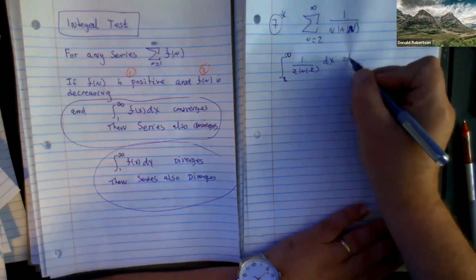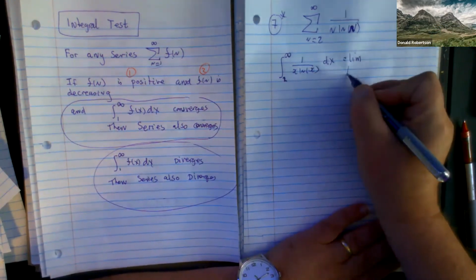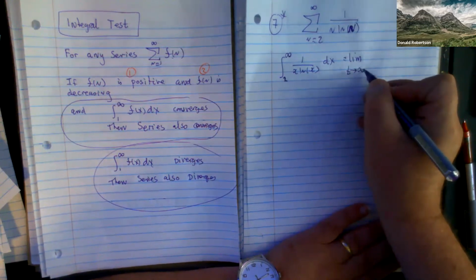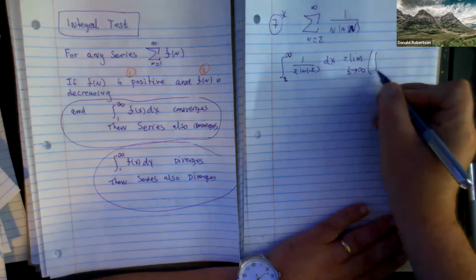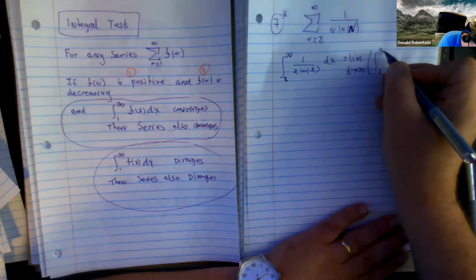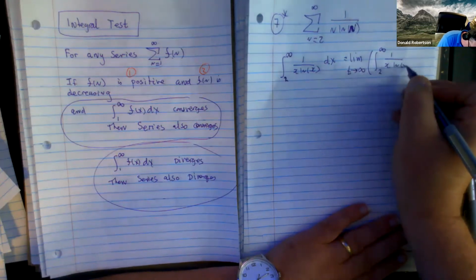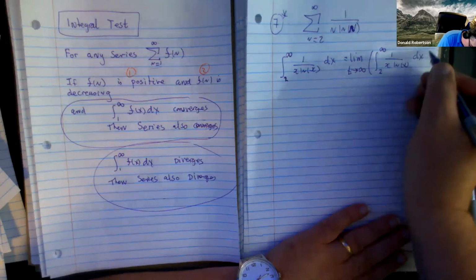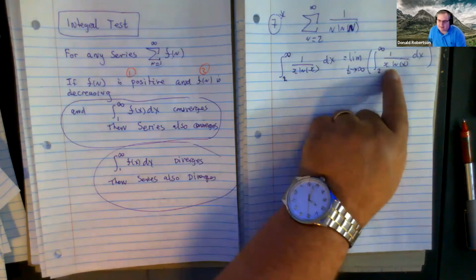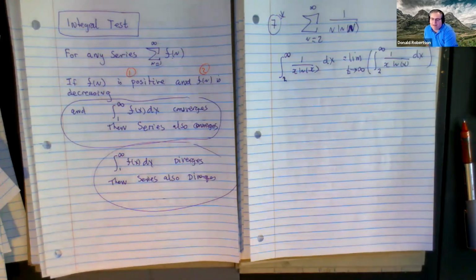Which means that we're going to find the limit as t tends to infinity of the integral from 2 to t of 1 over x natural log of x dx. And if that integral ends up being finite, then the series converges. And if that integral ends up being infinite, the series diverges. So let's do it.